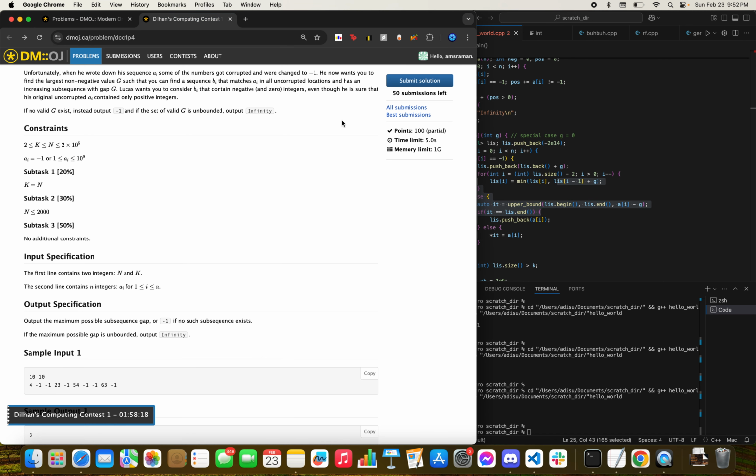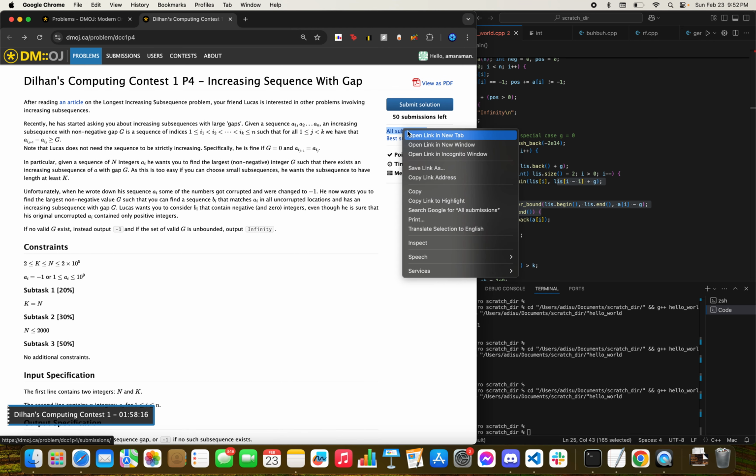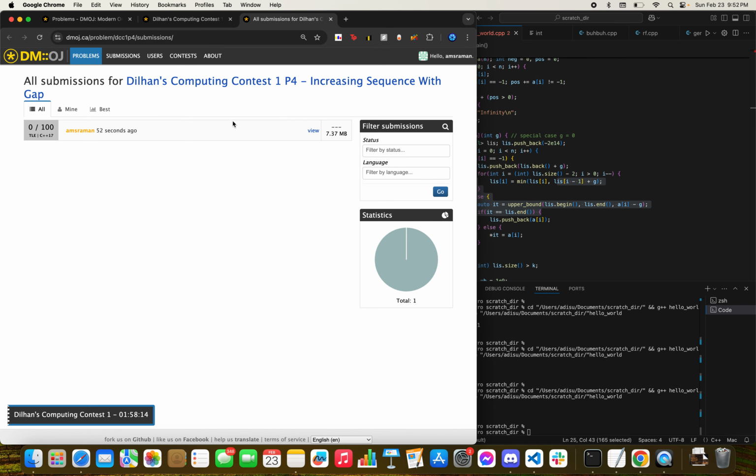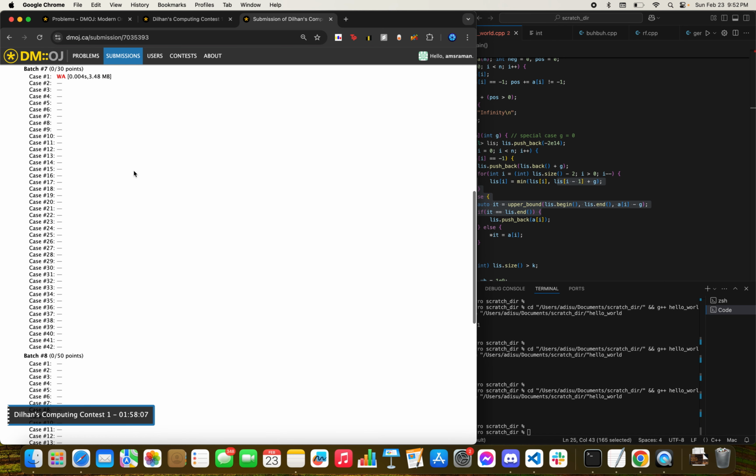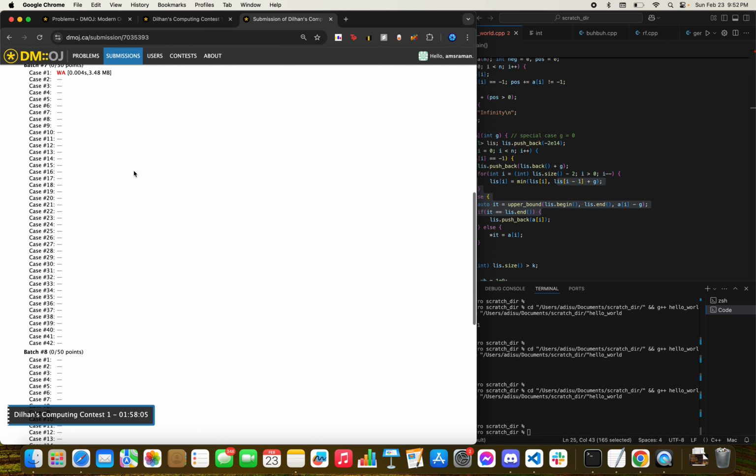Partial is partial, I guess, but... No, I don't have any partials on this. This is very weird. I don't know why it displays like that.